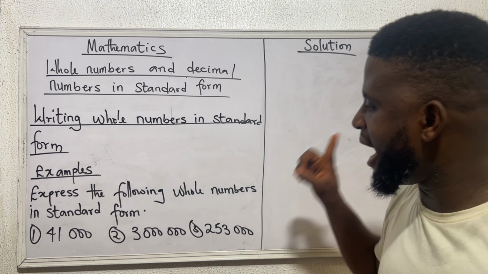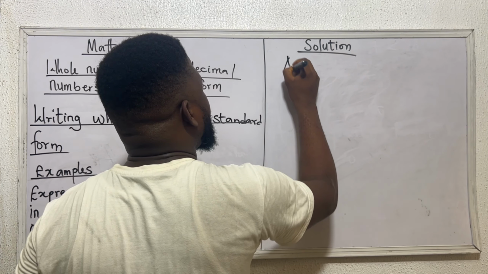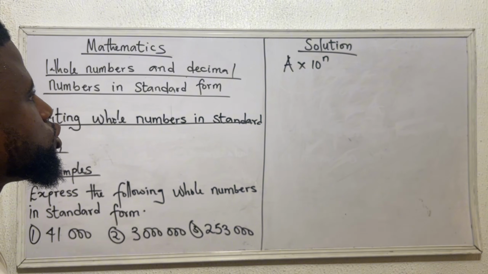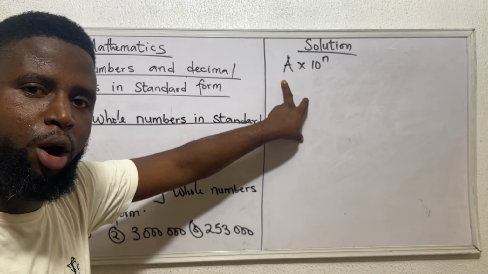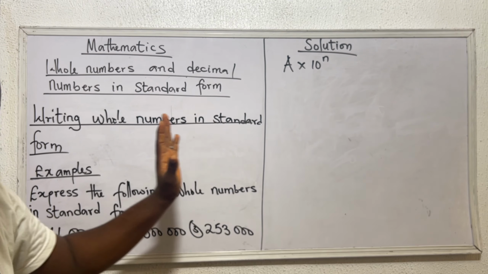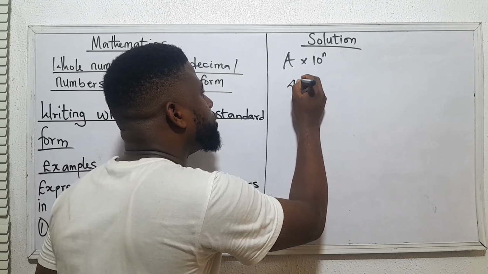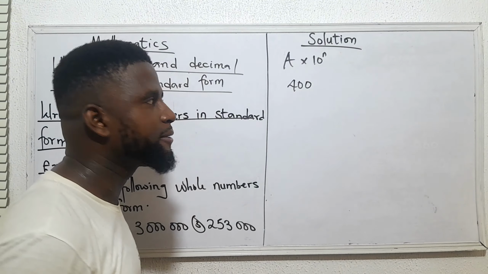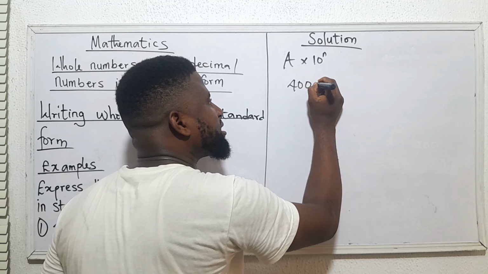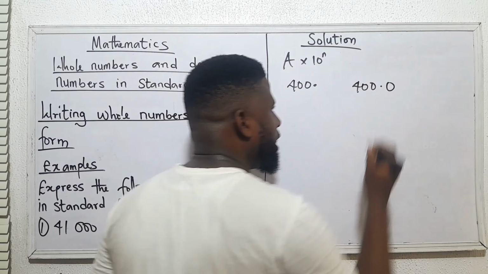Now, our aim is to write these whole numbers in the form a times 10 raised to power n. And of course, know that a must be less than 10 but greater than 1, where n is any positive whole number. If I have 400, for example, the place of the decimal point for this number is after the last number, which is the same thing as 400.0.